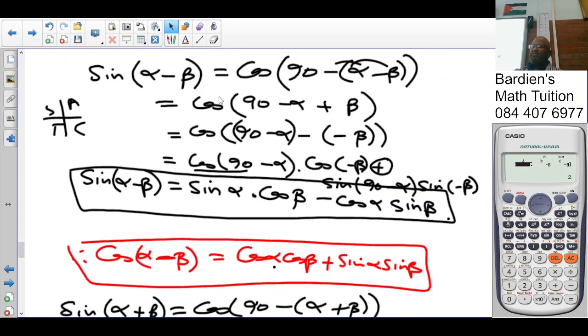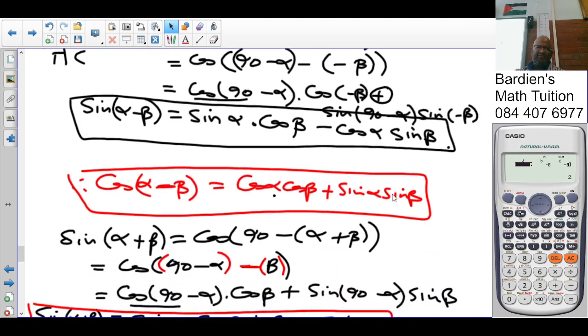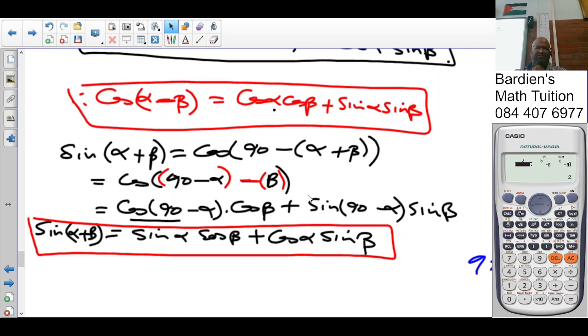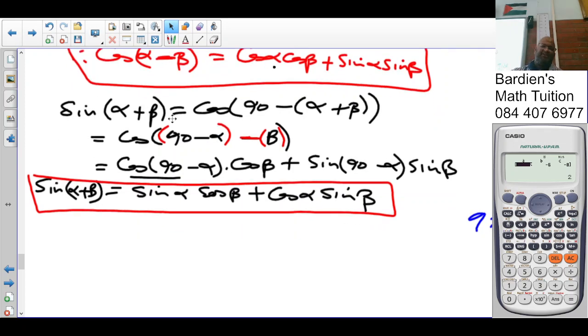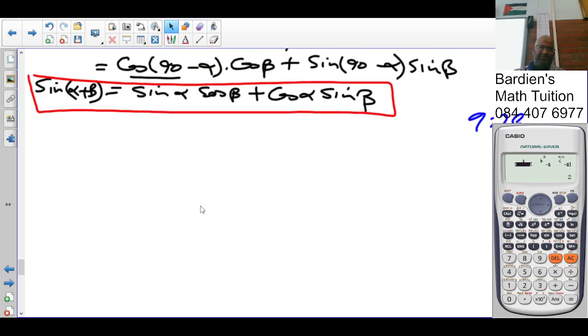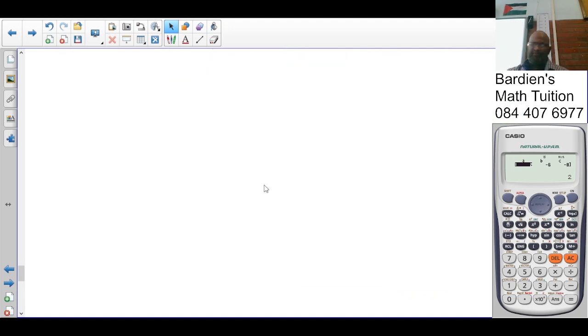So you're making notes as if you didn't do it over the weekend. Sad again to note that. Sin alpha minus beta can be written as sin alpha cos beta minus cos alpha sin beta. And then sin alpha plus beta can be written as sin alpha cos beta plus sin beta cos alpha. So what I'm going to do is write that formula down.